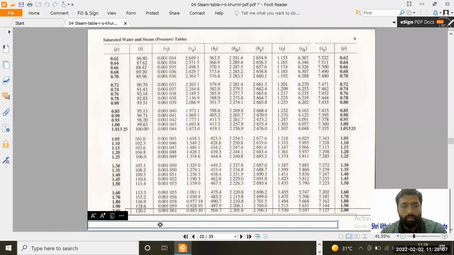Okay. Is this clear? Are you able to see the 2 bar pressure is here?